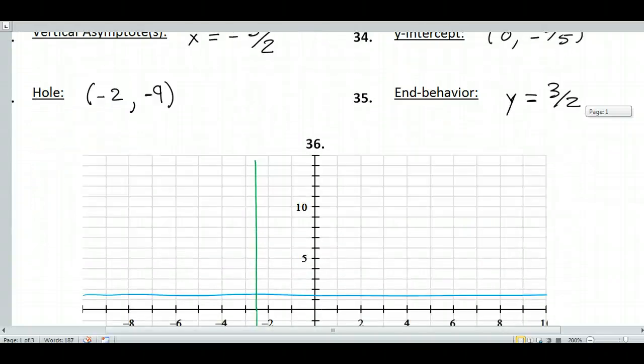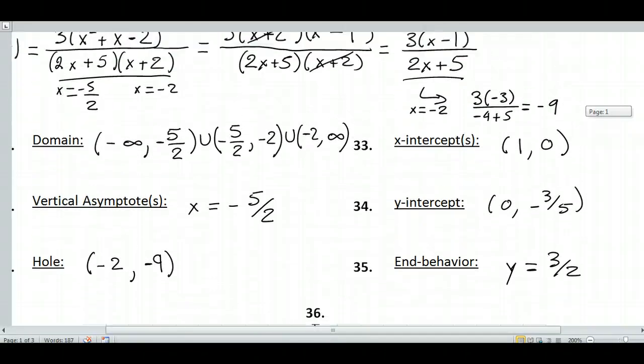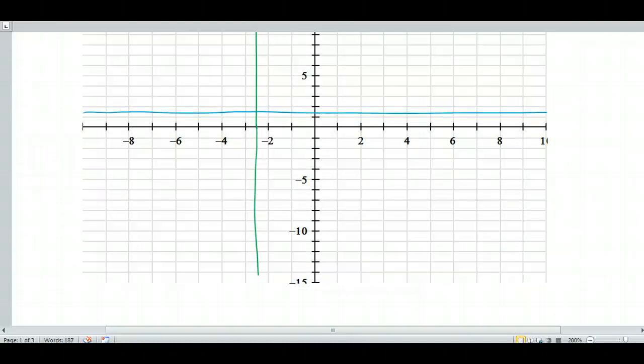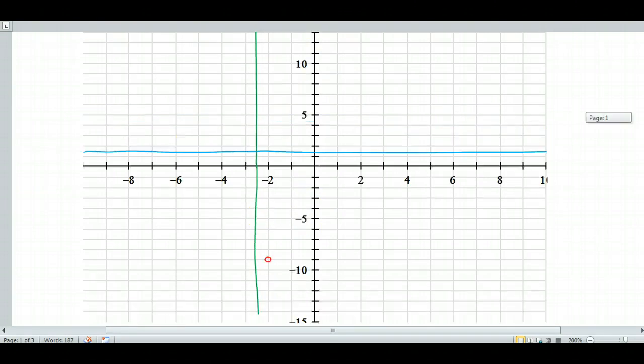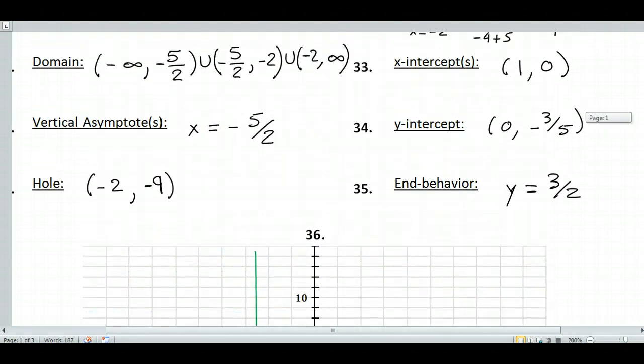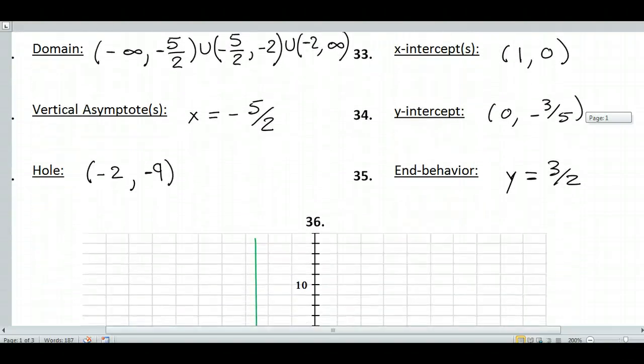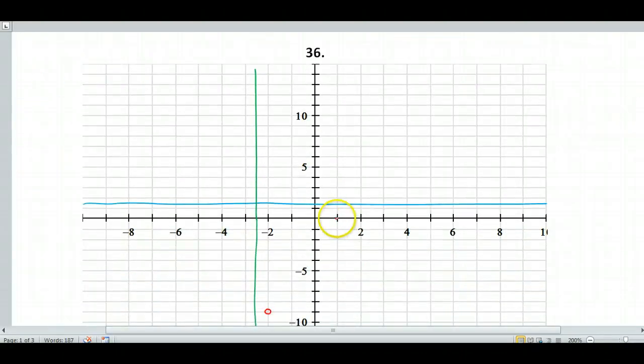Hole: negative 2, negative 9. It's negative 9, right? Yeah. Here's the hole right here. X-intercept. Where is it? Right here. 1, 0. Y-intercept: 0, negative 3/5. So it's going to be slightly below. It's negative 0.6, right?